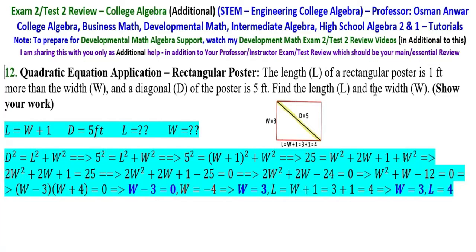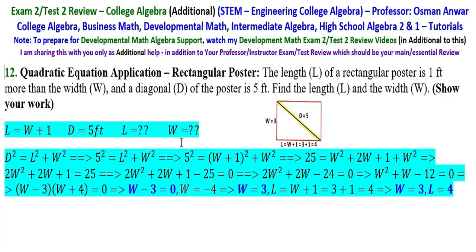Find the length L and the width W. So L is W plus 1 more feet. L is W plus 1, D is 5, and we are trying to find L and W.